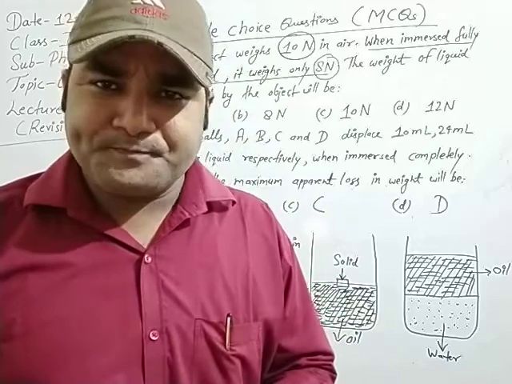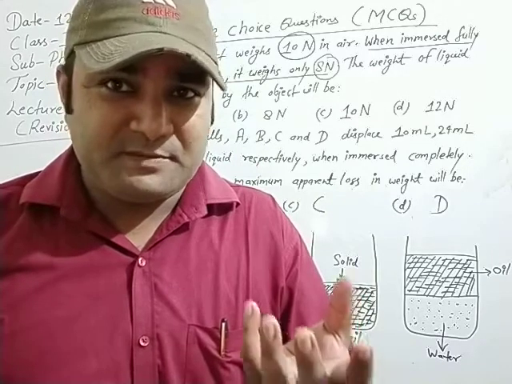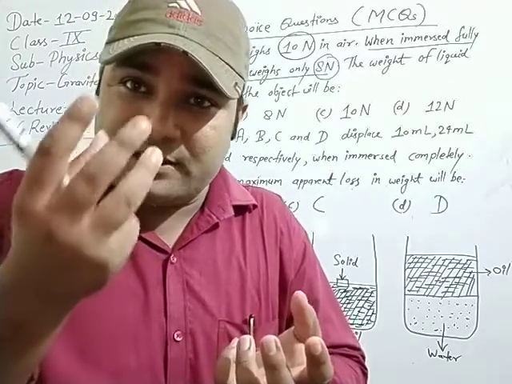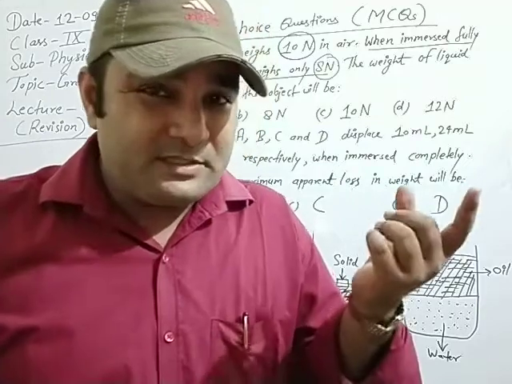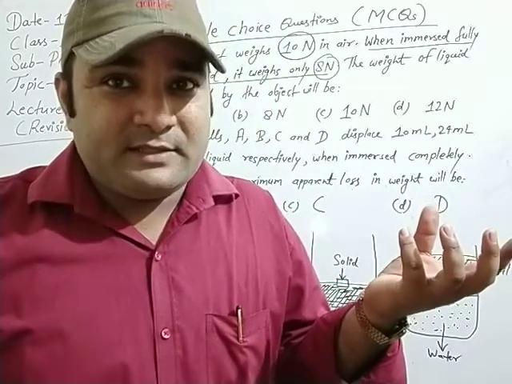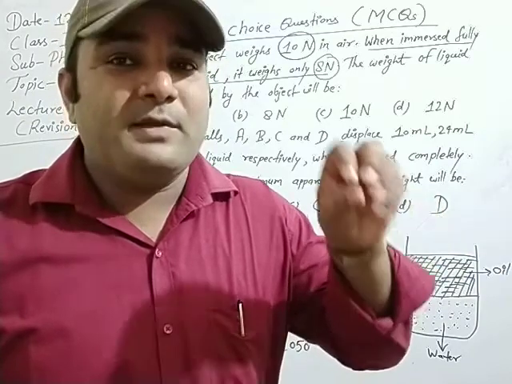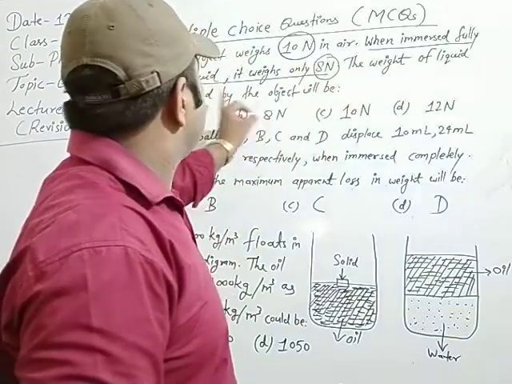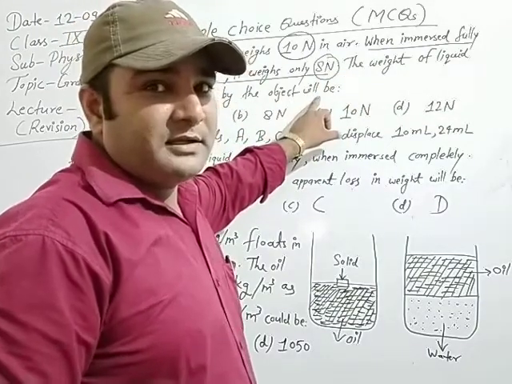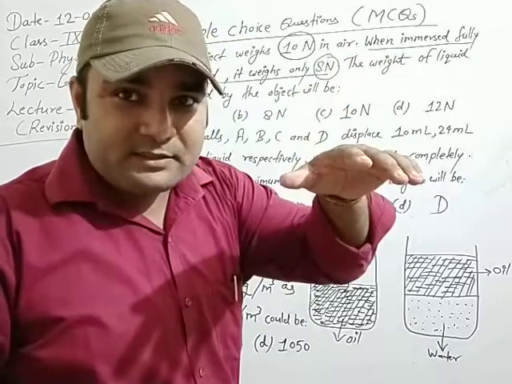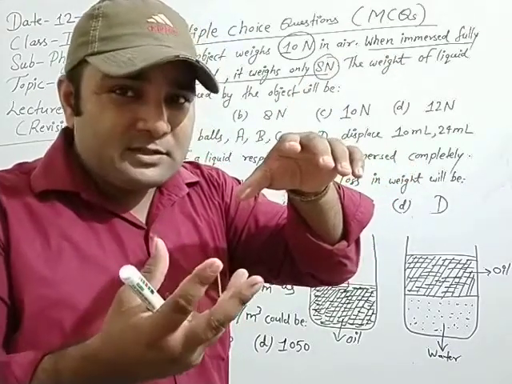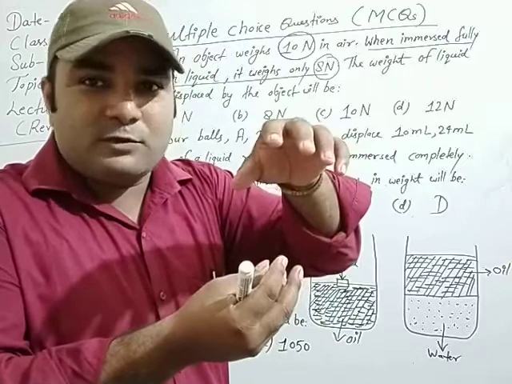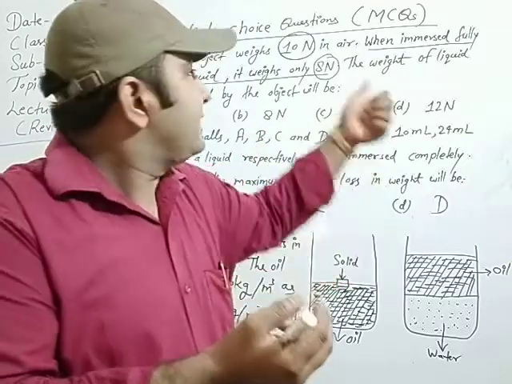Whenever the body weight reduces, it means there is an upthrust force acting on the body, and the upthrust force is equal to the weight of liquid displaced. Here, suppose 10 Newton is acting downward; when the upward force has some value, the 10 Newton force will be decreased to 8 Newton.